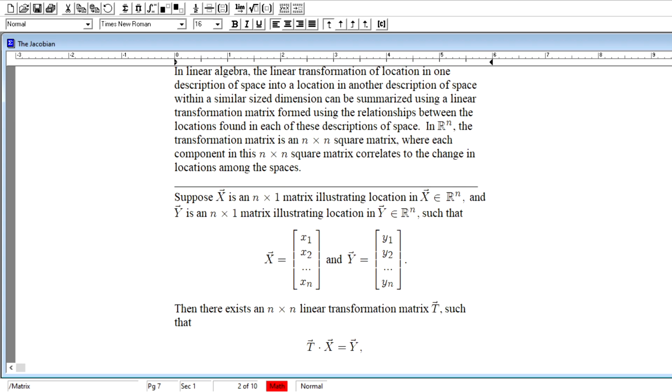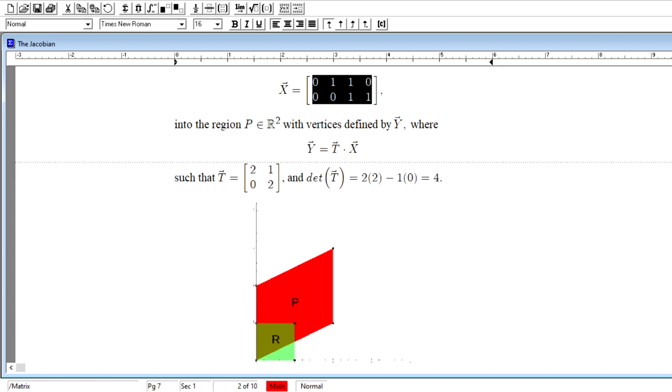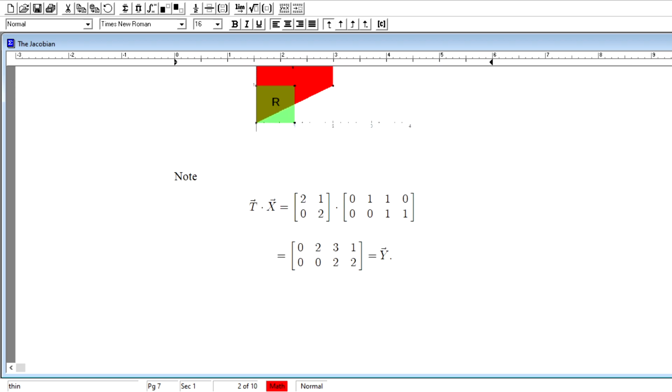We transform those over into a region P that's defined by some column vectors, using this 2 by 2 transformation matrix, where we get Y by taking T times X. In this matrix product, we'll take this 2 by 2 and multiply it by this 2 by 4.